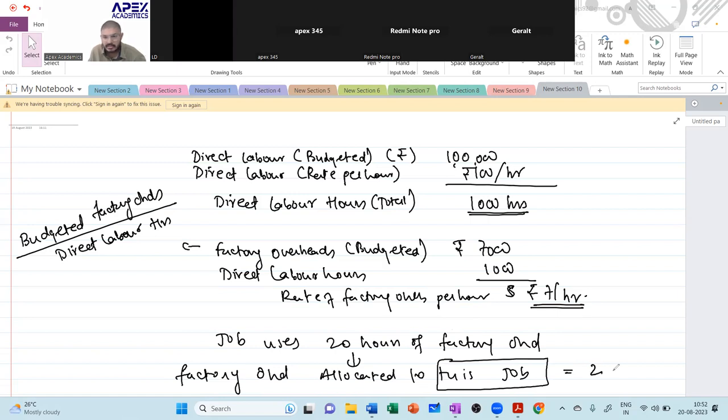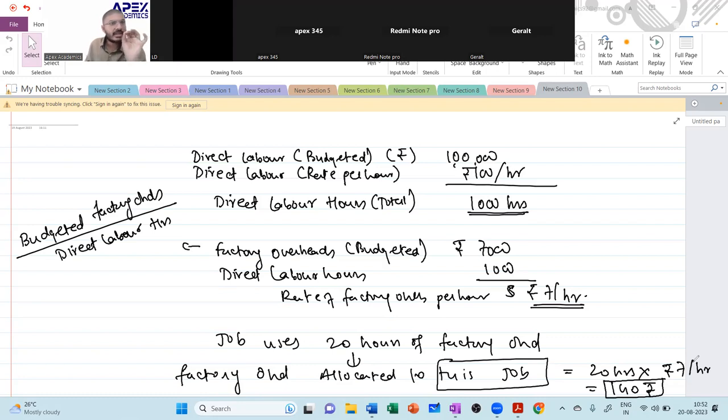Your answer is 20 hours multiplied by rupees 7 per hour, which is equal to 140 rupees. This is the meaning of factory overheads being allocated on the basis of direct labor hours.